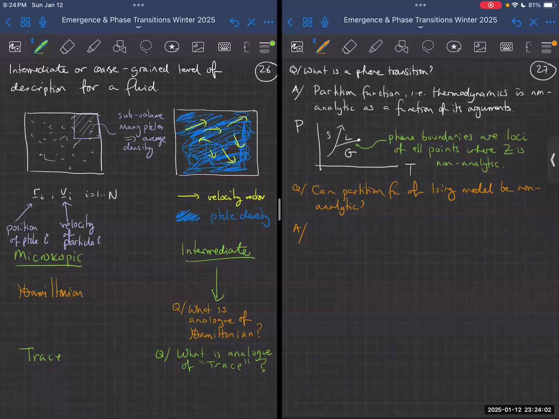So the partition function is equal to a sum of exponentials, and those exponentials are exponentials of the coupling constants, e to the k, e to the h.